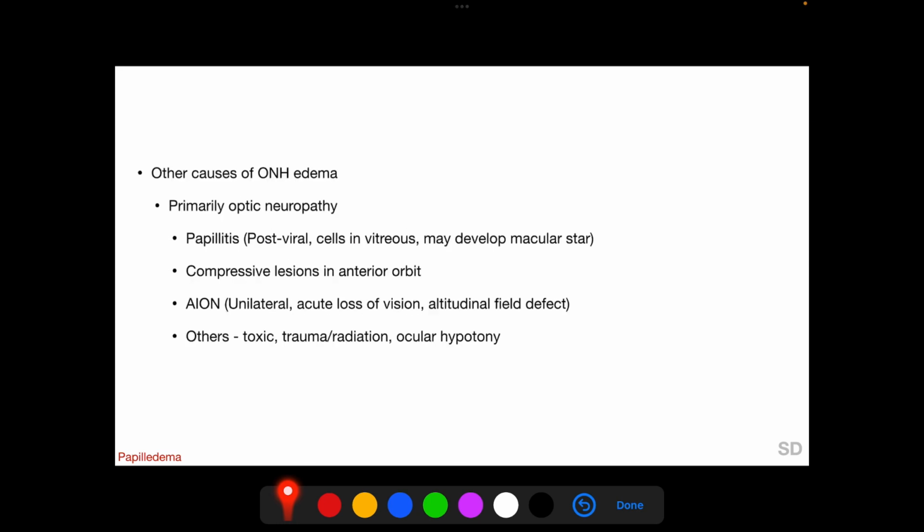In the differential diagnosis of papilledema, we also have other causes of ONH edema, which can be categorized as primarily optic neuropathy and primarily retinopathy. Among those with primarily optic neuropathy, there is papillitis, compressive lesions in anterior orbit including thyroid ophthalmopathy, AION, acute ischemic optic neuropathy, and other entities primarily affecting the optic nerve, such as toxic, trauma, radiation, and ocular hypotonia.